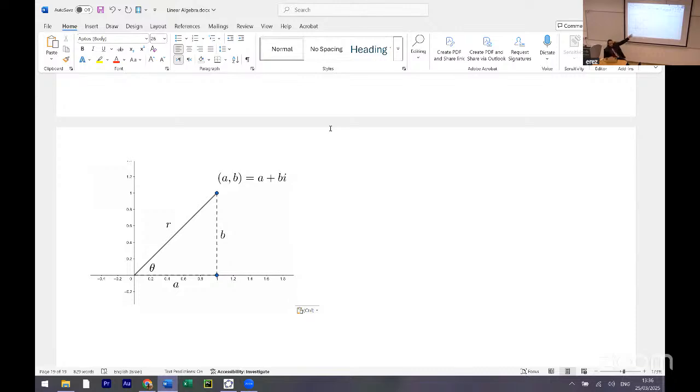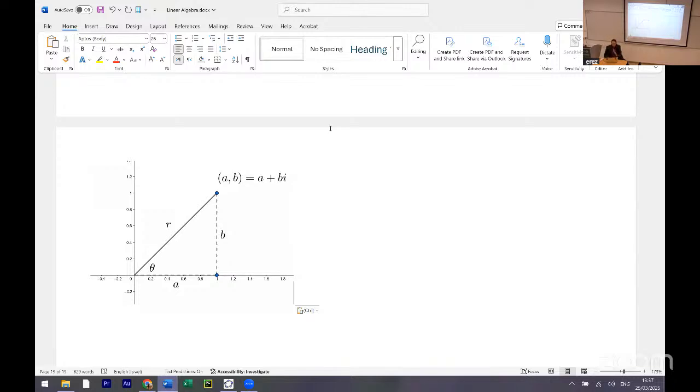So now that's what I promised you before. Now I'll write the general formula for r due to Pythagoras. So you look at this triangle a, b, and r.